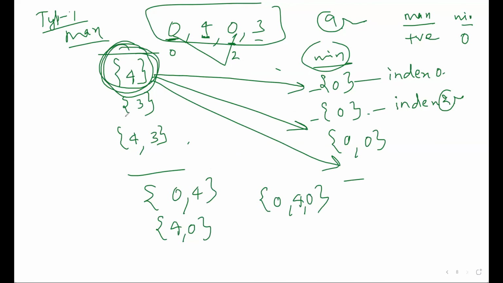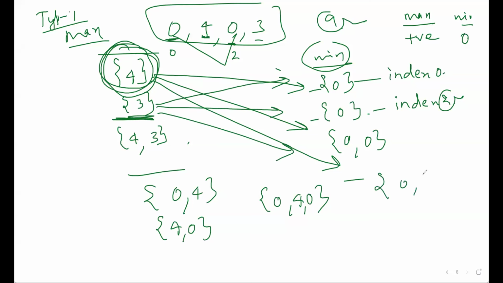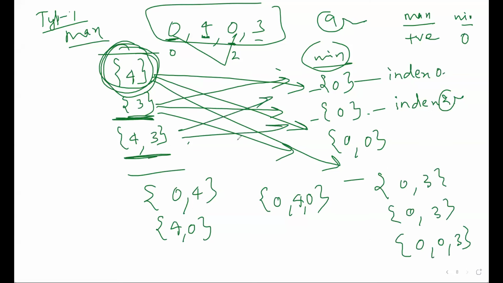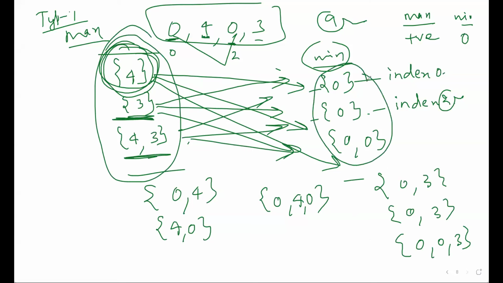Now in the next stage for this you have again three options, and the subsequences formed are 0 comma 3, 3 comma 0, and 0 comma 3 comma 0. So that's why we are multiplying.